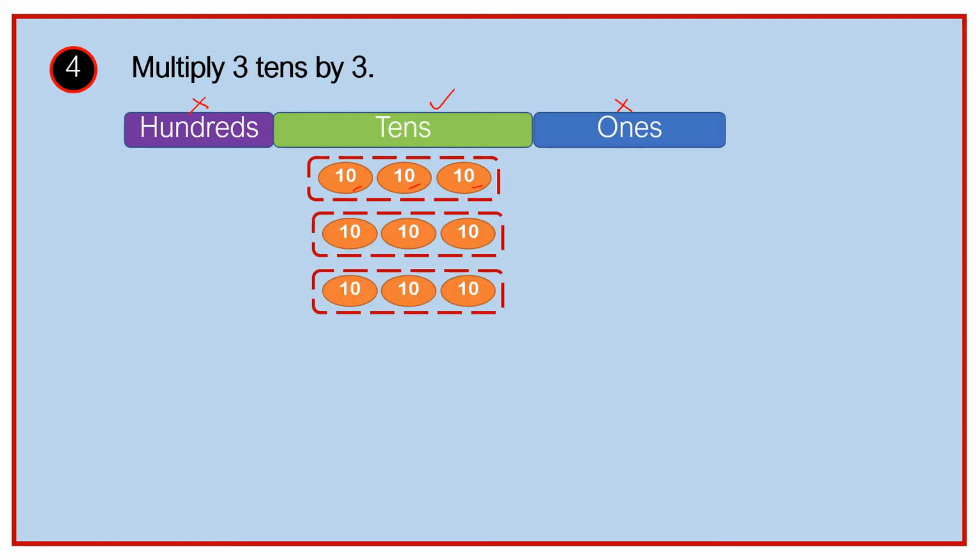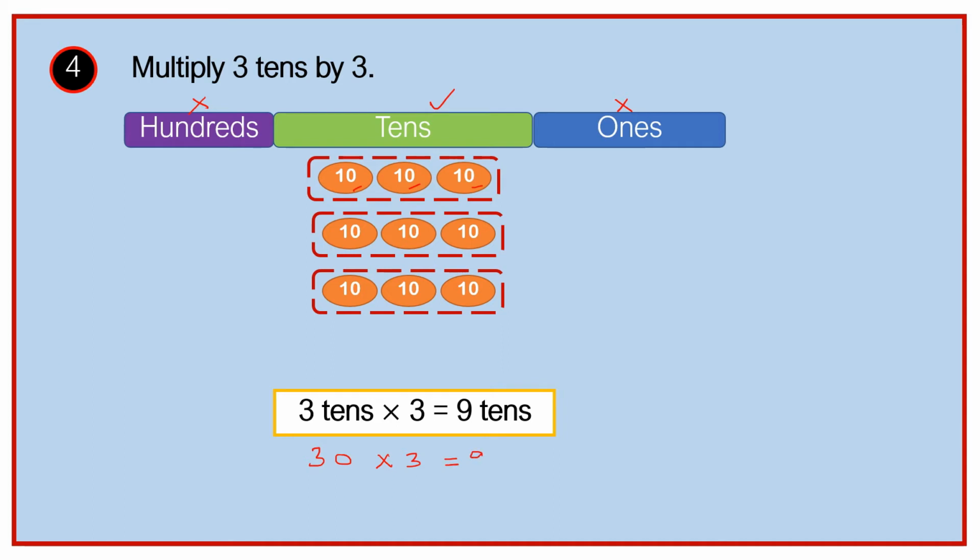So we have altogether 9 tens. So 3 tens times 3 equals 9 tens. Actually, this is the same as 30, that is 3 tens, times 3 to get 9 tens. 9 tens is the same as 90.